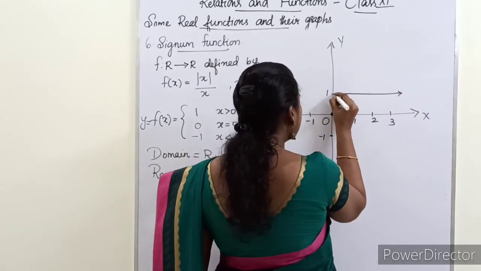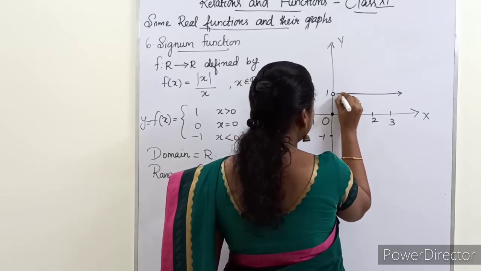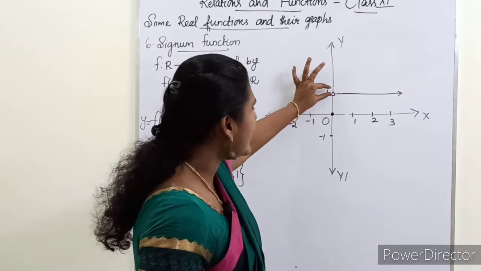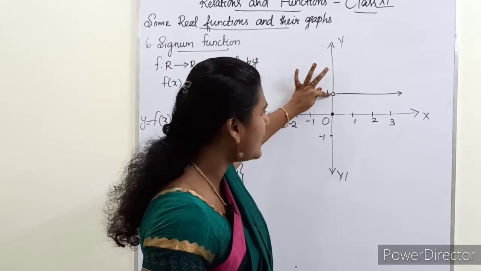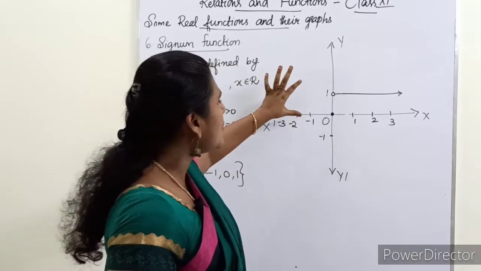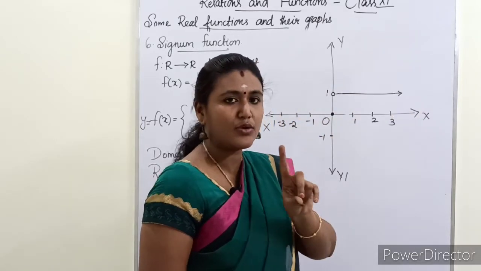So here this point will not be there. So you have to put a hollow circle like this. That means for x is equal to 0, 1 will not come. That is why we have drawn a circle like this. So for all other values of x, you will always get y value as 1.